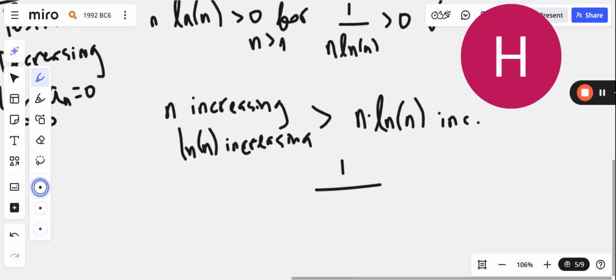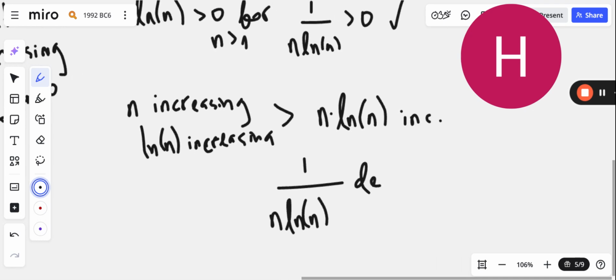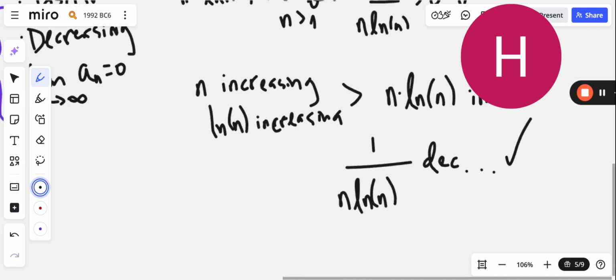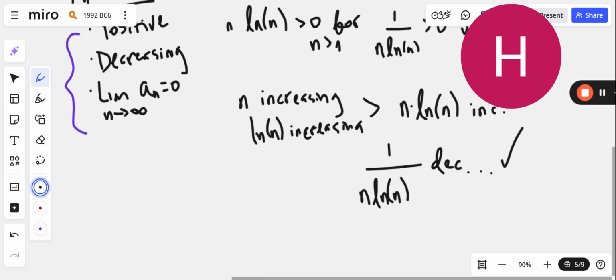And therefore 1 over that, since 1 is staying the same, but this thing on the bottom is getting bigger, this is always decreasing. So that technically checks it. If you want to do a derivative and just show that it's always negative, that's fine too. You can, I'm not going to stop you.